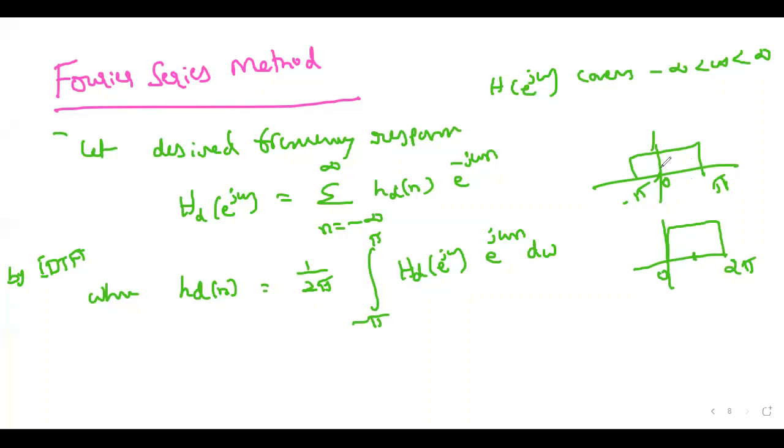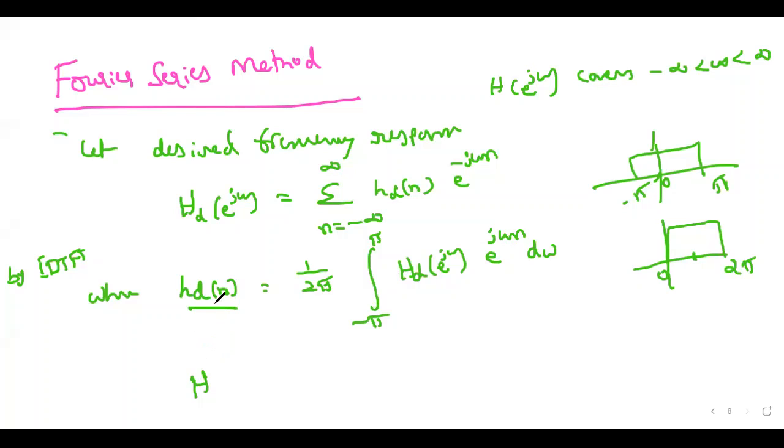Just remember this point. Now we are considering from minus pi to pi. Once we know this desired impulse response sequence, we can design the digital filter, right?